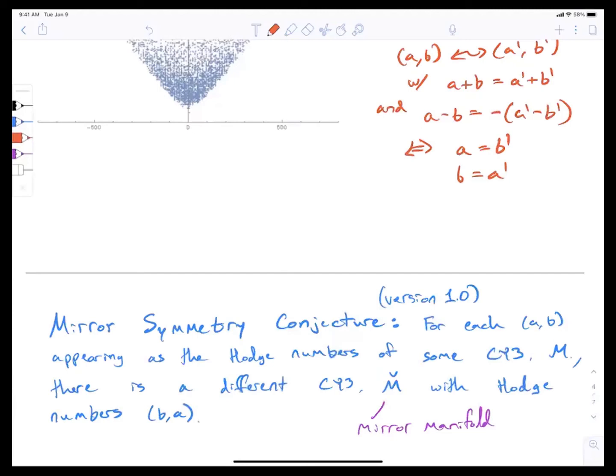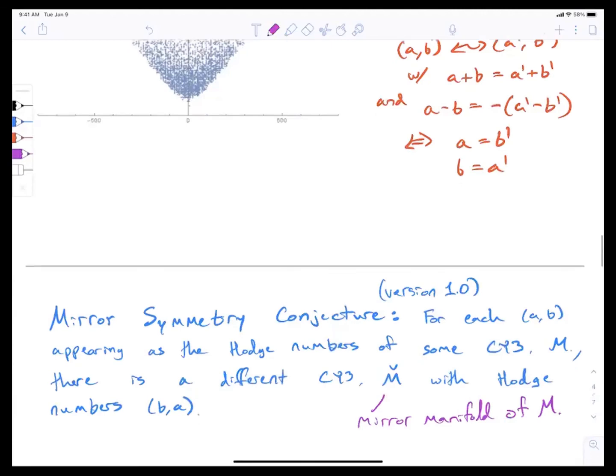And so each of these candidate spaces for our universe M, it has a partner, M check, where these invariants are kind of switched somehow. And the M check here is often called the mirror manifold of M. It's the one that makes this mirror symmetry happen. Okay, so that's the conjecture.